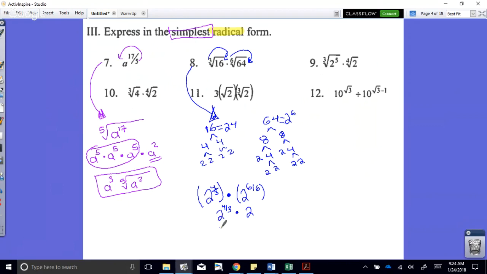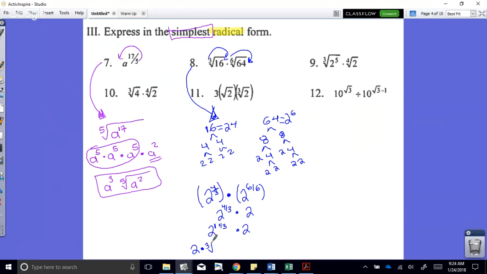So another way you could write 2 to the 4/3 is 2 times 2 to the 1/3. And the reason that we're going to do that, so what we end up with is we have a 2 that's a whole number. We have 1/3 that's left over.